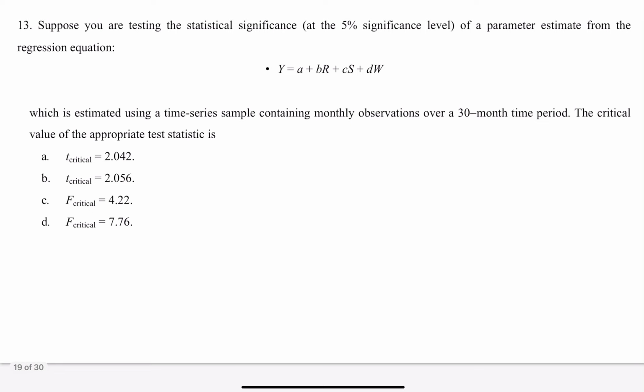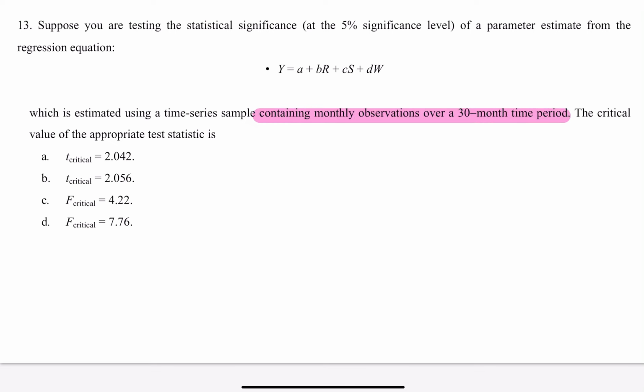Question 13 says, suppose you're testing the statistical significance at the 5% level from the regression equation y equals A plus BR plus CS plus DW, which is estimated using a time series sample containing monthly observations over a 30-month time period.